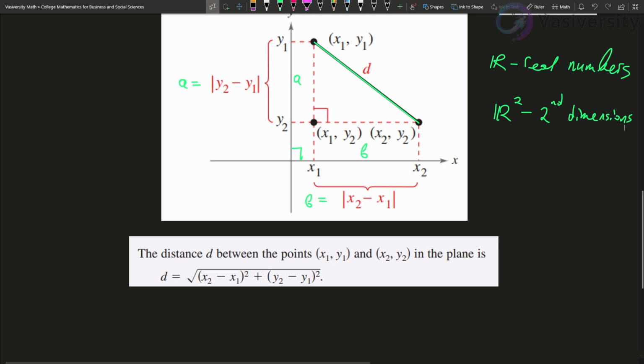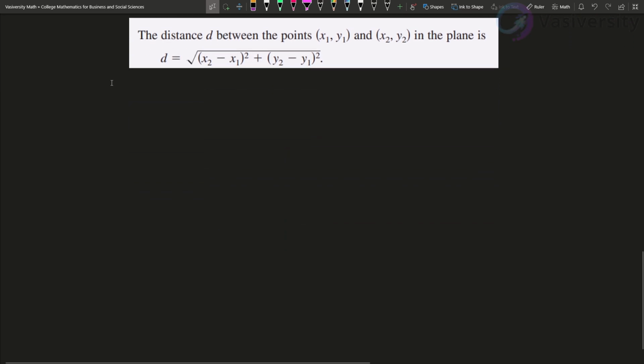Now, since we know the distance formula, let's take a look at an example. Let's say we have a point -2, 1 and 3, 4. We want to find the distance between them. So remember the distance formula.